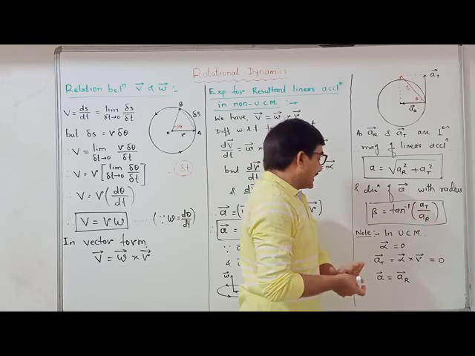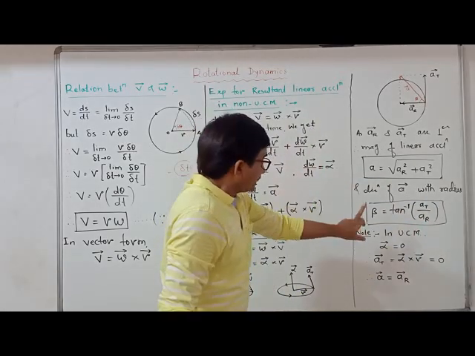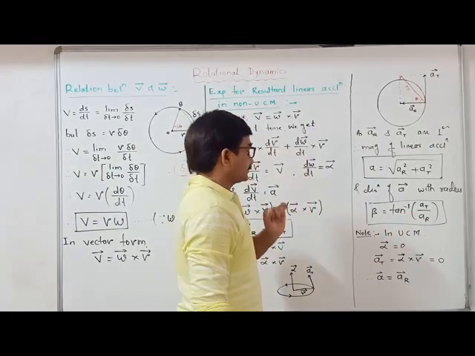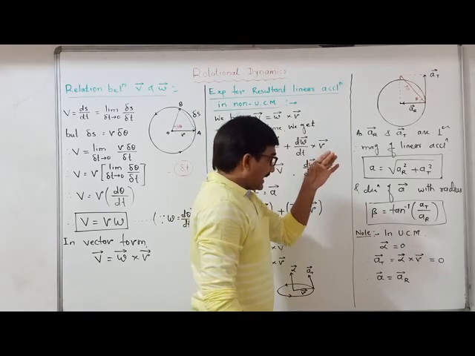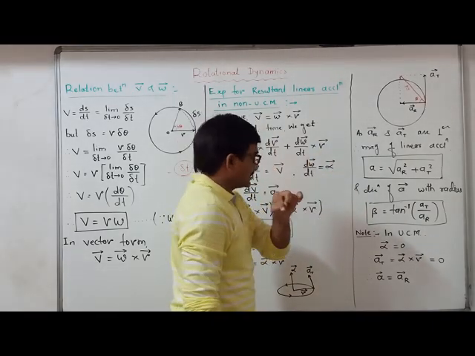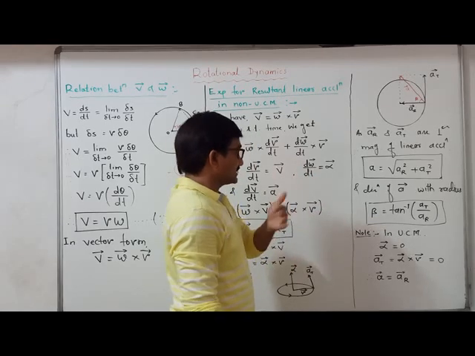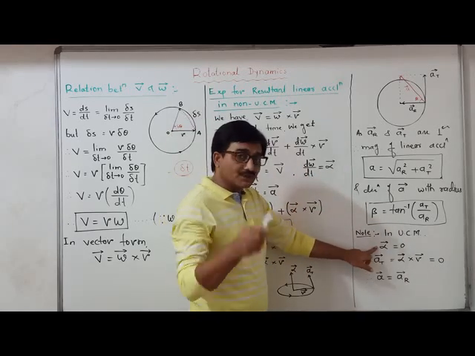Now everyone knows that in a uniform circular motion, angular velocity is constant. As angular velocity is constant, it does not change, so angular acceleration is 0.